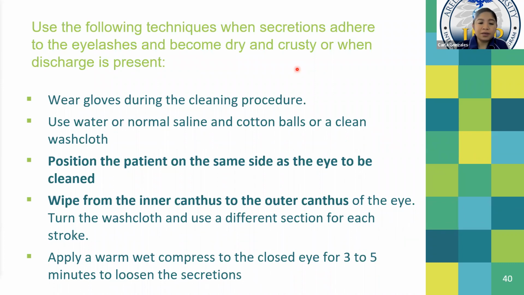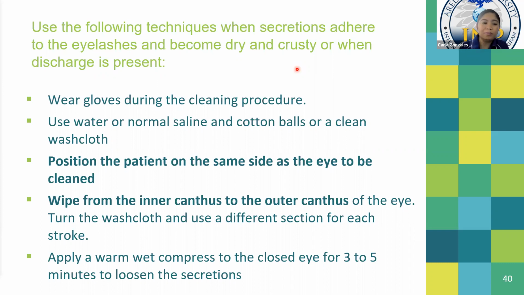Position the patient on the same side as the eye to be cleaned. For example, if you are cleaning the right eye of the patient, the patient should be lying on the right side. Right eye, right side; left, left.